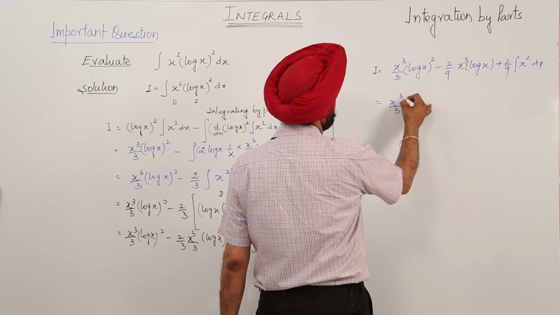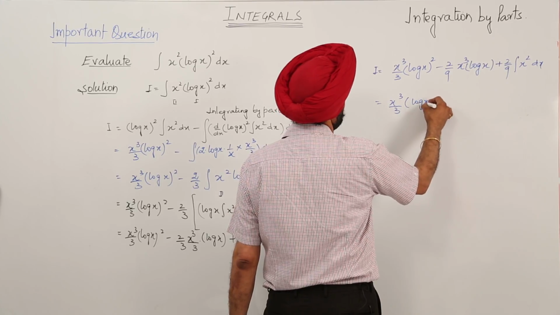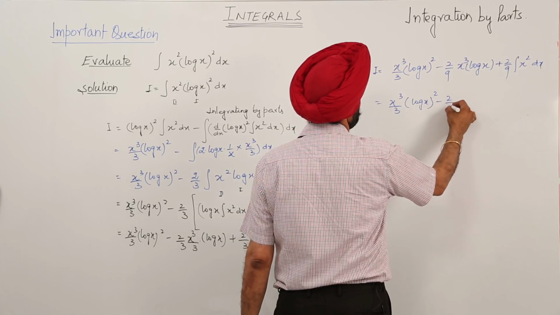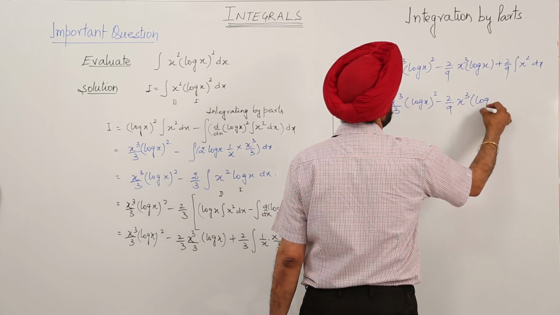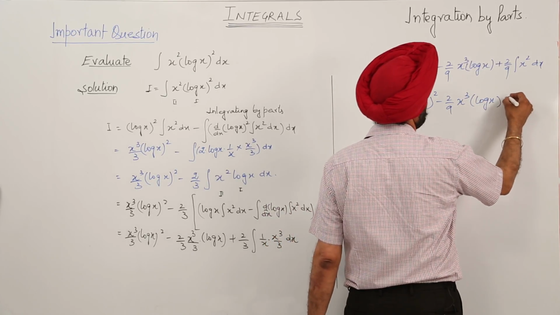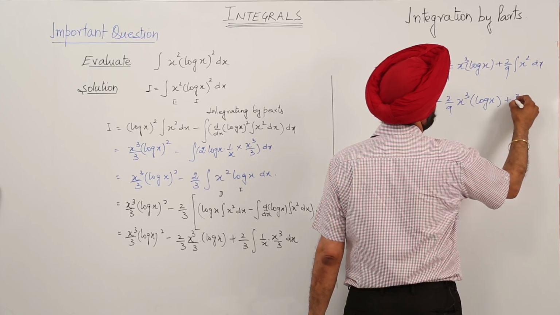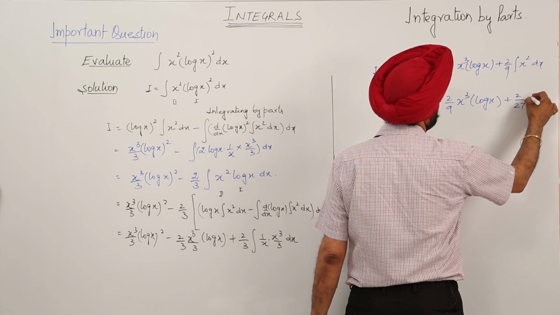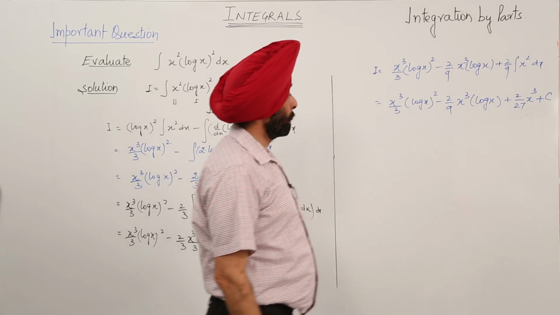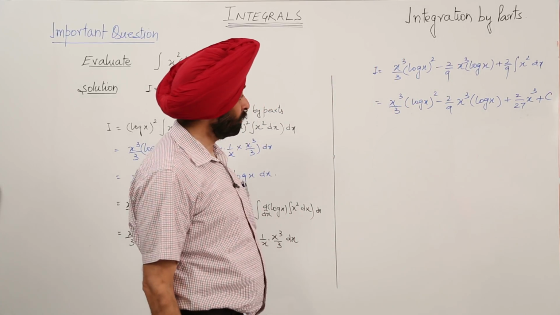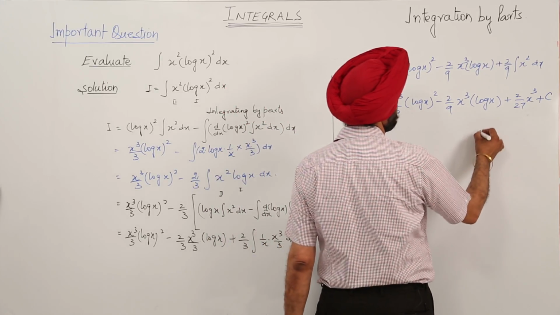So x cube upon 3 (log x) whole square minus 2 upon 9 x cube log x plus 2 upon 27 x cube plus c. Is it clear? So this is the answer.